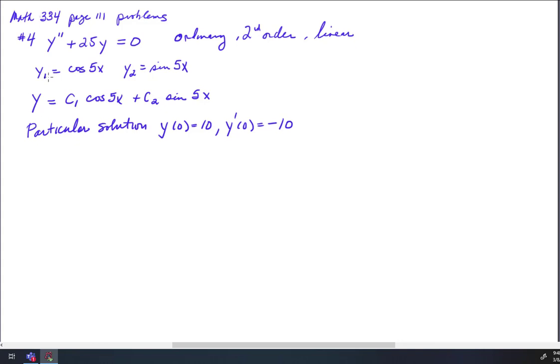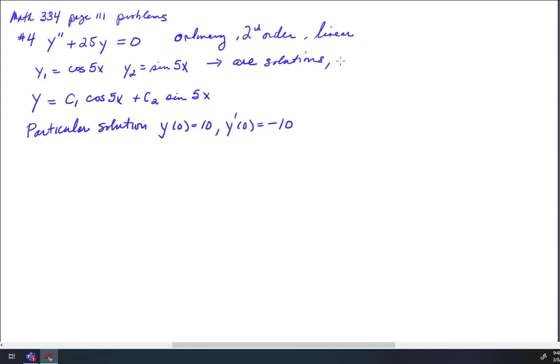And we're given two functions, y1 and y2, and asked to verify that they're both solutions. And I've done that for you. And how would you do it? Well, you would take the derivatives and substitute them in the original equation and see if they work. But I've done that for you.